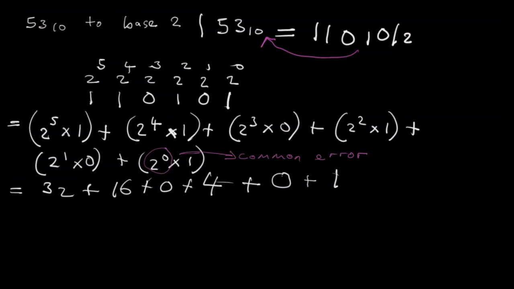Let us solve through and see if we arrive at our desired end. 32 plus 16, so it's 48, plus 0 plus 4 plus 0 plus 1. So we just add this 4 plus 1 becomes 5.